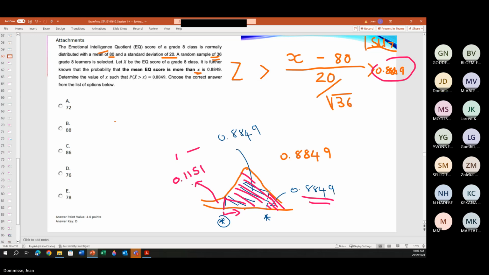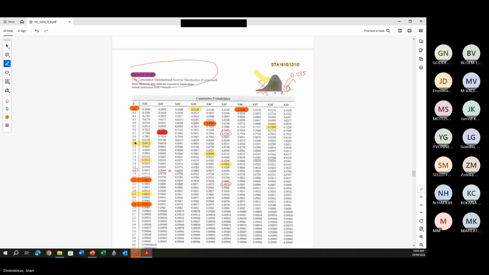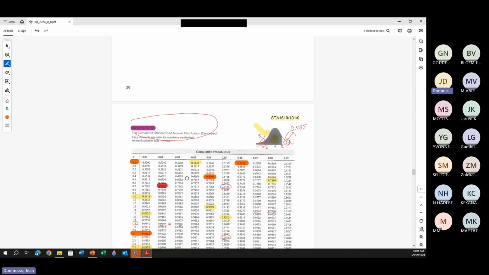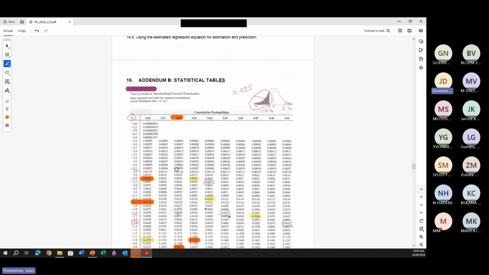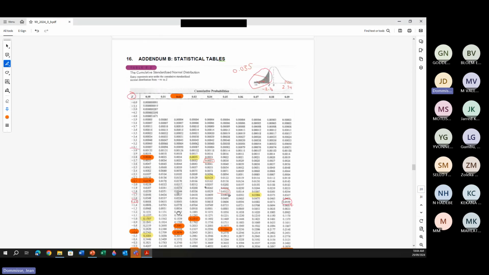So that is actually the small area Z. We will need to find a Z where the probability is 0,1151. Okay, so that's going to be a negative 1151.